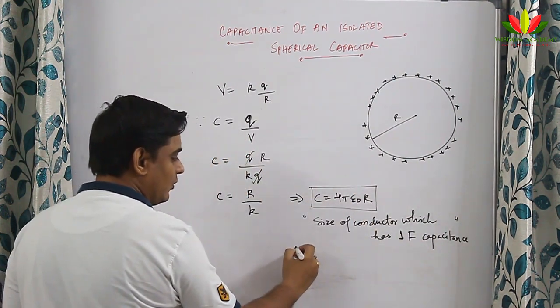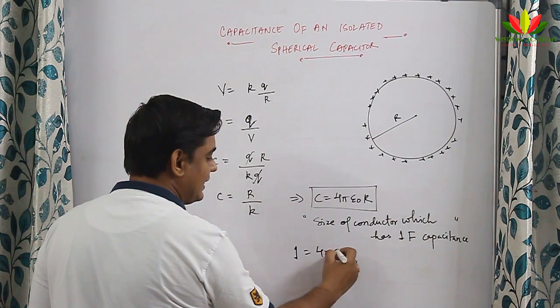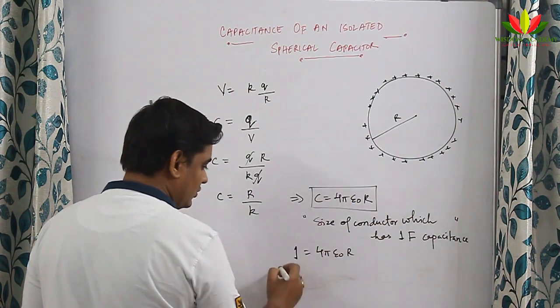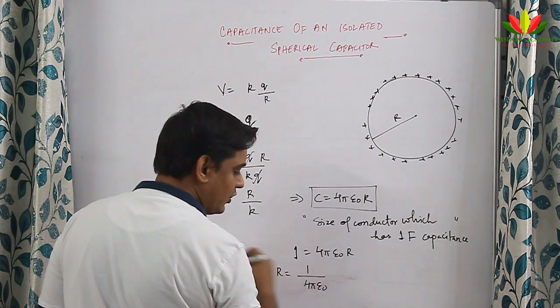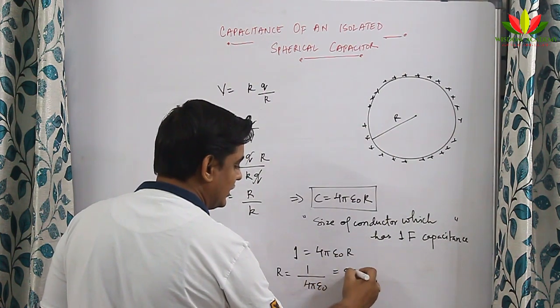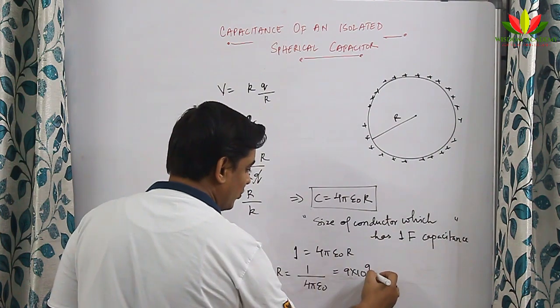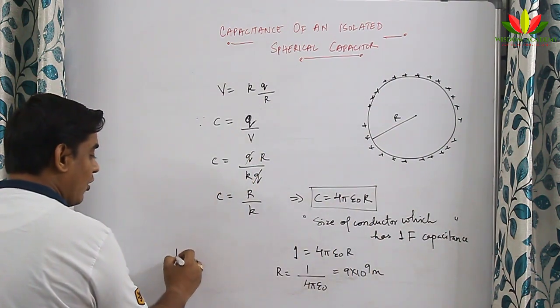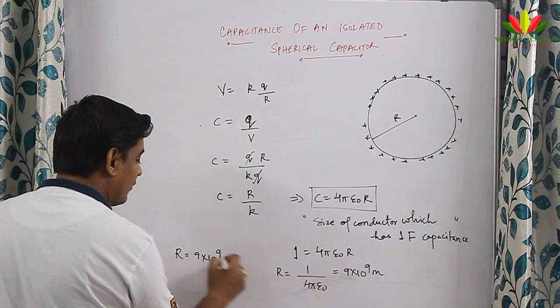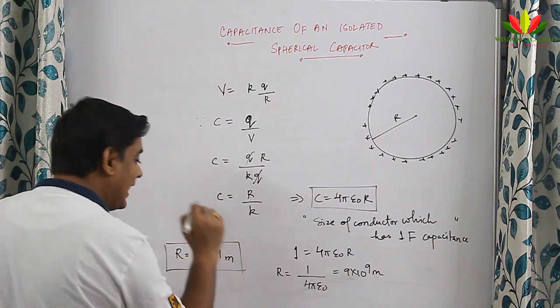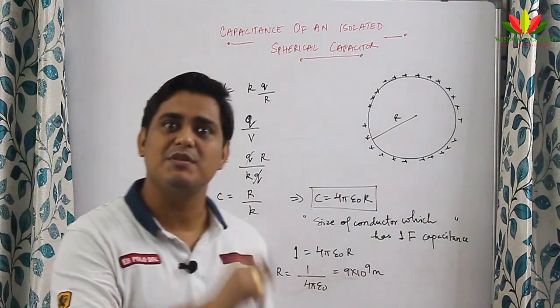So, C is 1, equal to 4 pi epsilon naught r. So, r will be equal to 1 by 4 pi epsilon naught, and we know this value is 9 into 10 to the power 9, r in meters. So, the radius of a sphere which can hold 1 farad of charge is 9 into 10 to the power 9 meter.